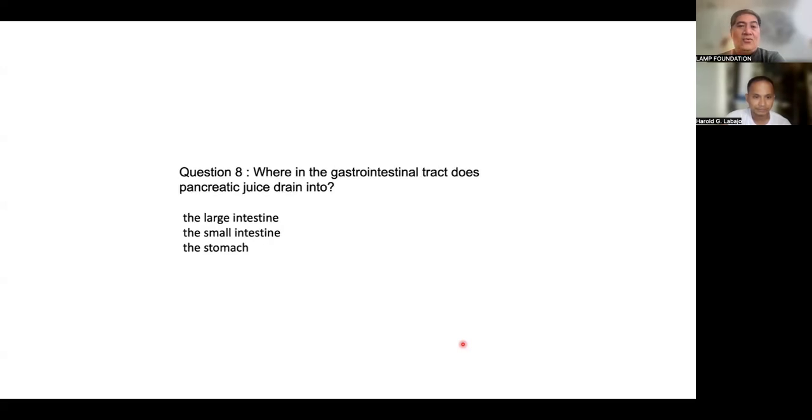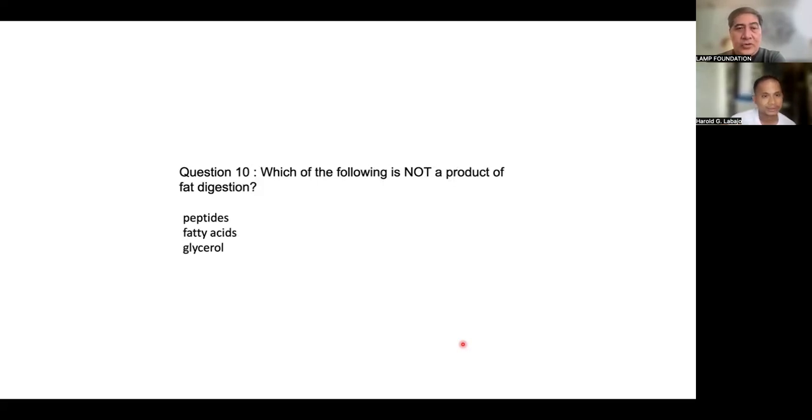Which one of the following is not a function of bile? Protein breakdown. Proteins are degraded by which enzyme? Pepsin. Where in the gastrointestinal tract does pancreatic juice drain into? Small intestine. Which part of the villus is used for the absorption of fatty acids from food? The lacteal. Which of the following is not a product of fat digestion?